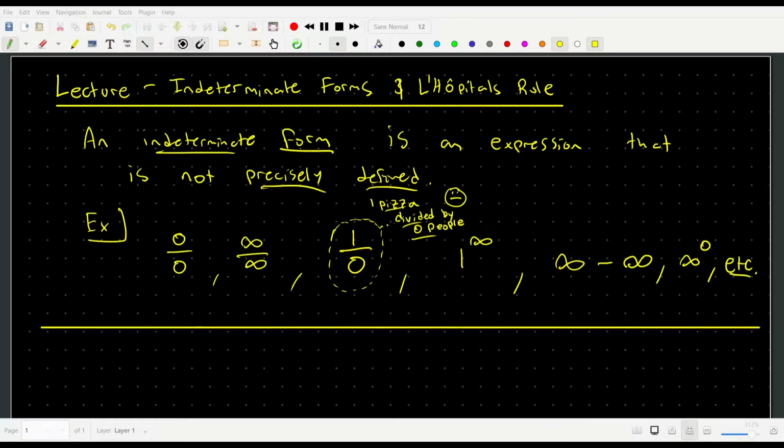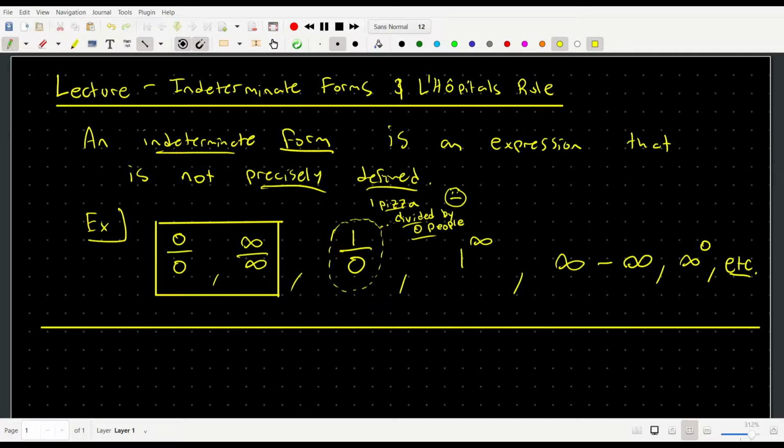The main tool that we're going to have to evaluate indeterminate forms is going to be what's called L'Hopital's rule. And this is going to be initially stated for these two types of indeterminate forms, so 0 over 0 and infinity over infinity. However, we're going to see very quickly how to extend L'Hopital's rule to more complicated types of indeterminate forms.